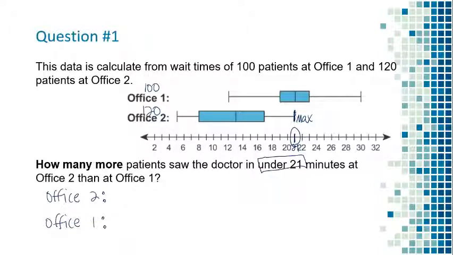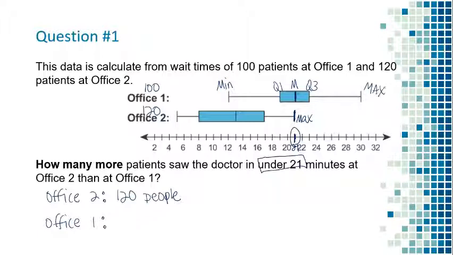That means every single person at Office 2 waited less than 21 minutes. So in Office 2, since there are 120 people, I'm going to use all 120 because that was my max value. Now notice where it's 21 at Office 1, this middle term. If you remember when we label our box plots, this is your min, your first quartile, your median, your third quartile, and your max.